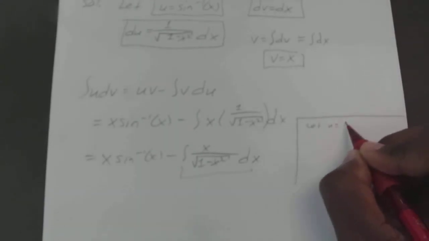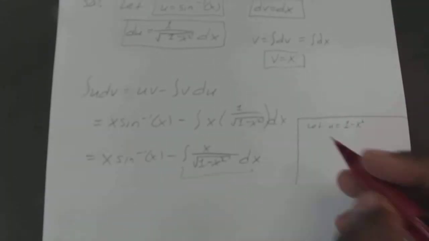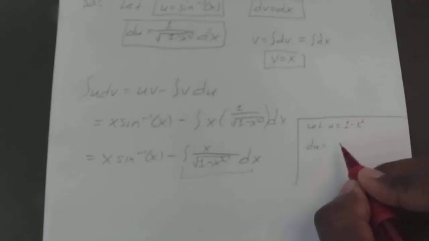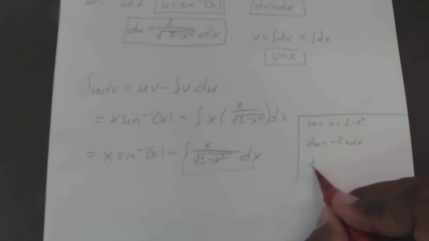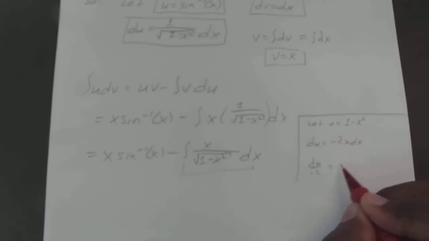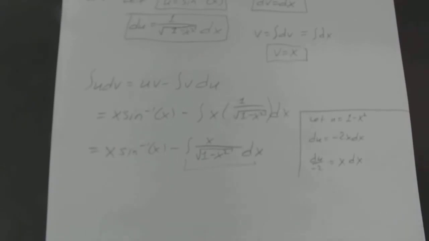Okay. What if we let u equal 1 minus x squared, and our du is equal to negative 2x dx. So du over negative 2 equals x dx.